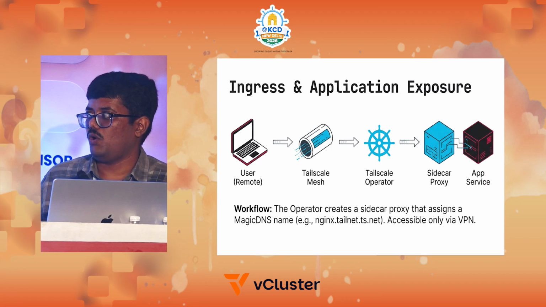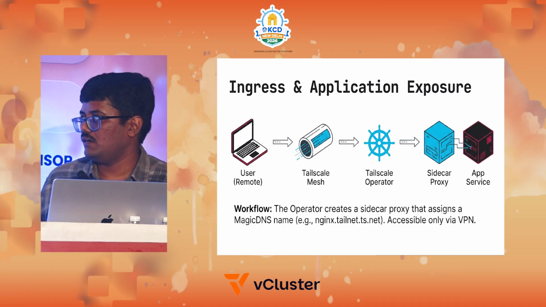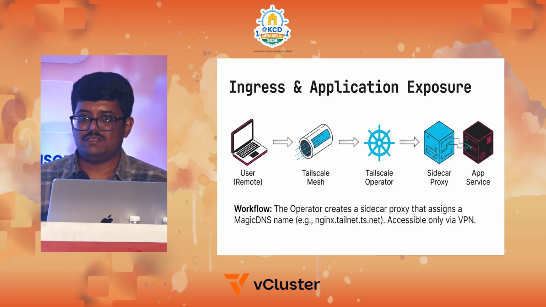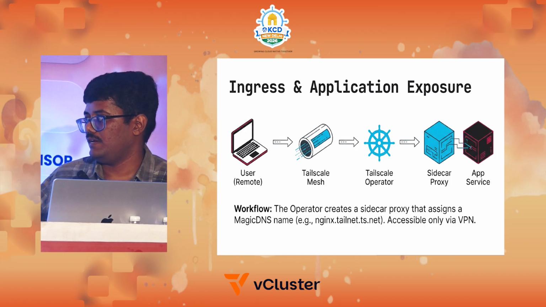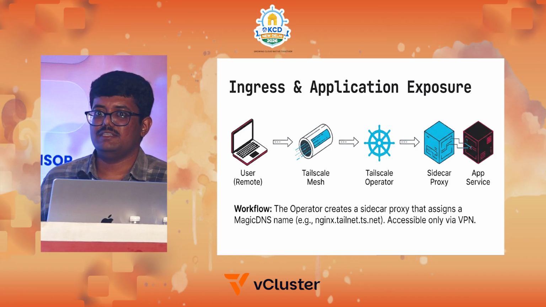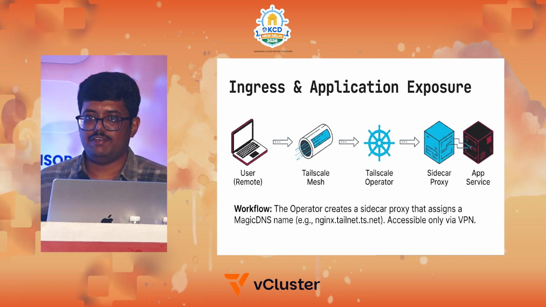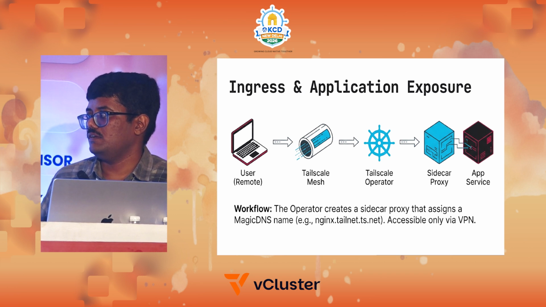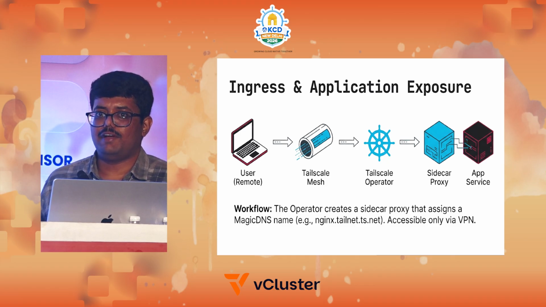Once the operator sees that this annotation is present, it will create a sidecar proxy that will assign a MagicDNS name, which is a Tailscale-specific DNS. This is always unique; you can't choose it yourself. It's always auto-assigned to you. That way you get a DNS name with which you can access the applications. I'll show this bit in a demo. These applications will only be accessible once the device is connected to the mesh.